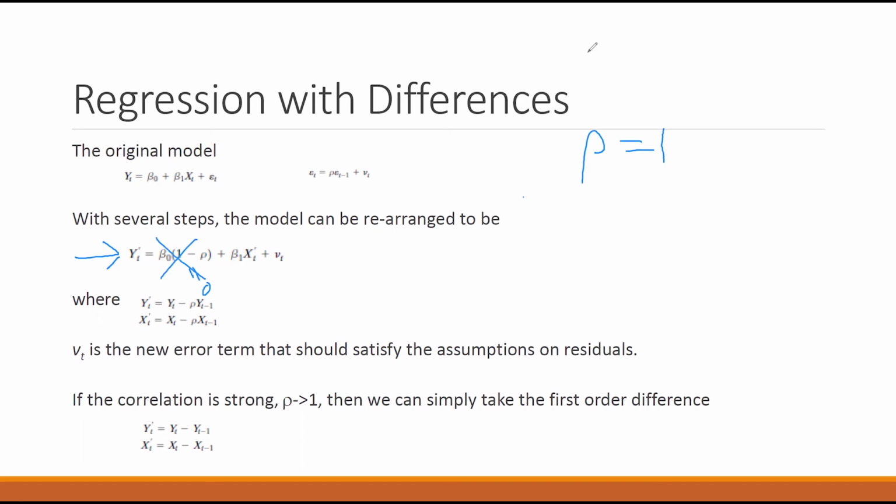All we have left is y prime t equal to beta 1 x prime t plus this new error term, which is independently distributed. So that means when we take differences, the model we want to estimate is a simple linear regression model using y prime and x prime, but we also want to make sure we're not including the y-intercept because it's already dropped off from the model.